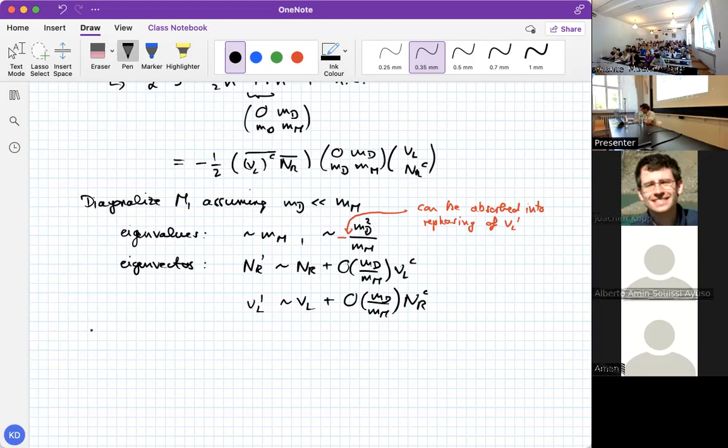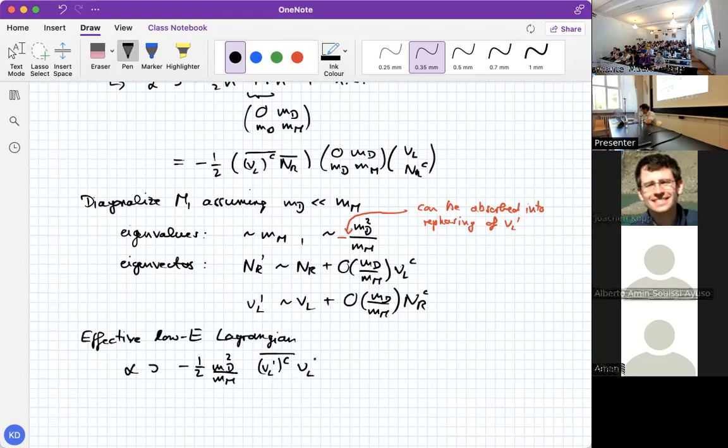So in other words, my effective Lagrangian at low energies, where low means anything that is experimentally accessible, the effective low E Lagrangian, is now simply minus 1/2 mD squared over mM times nu L prime charge conjugate bar times nu L prime.